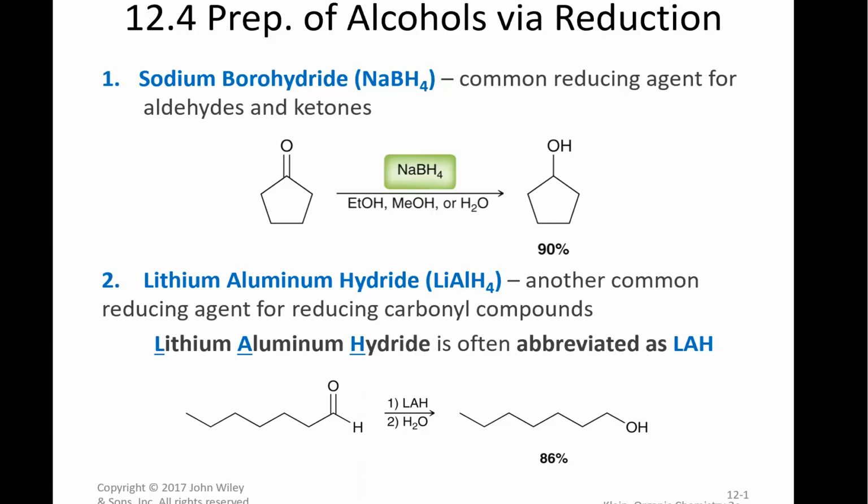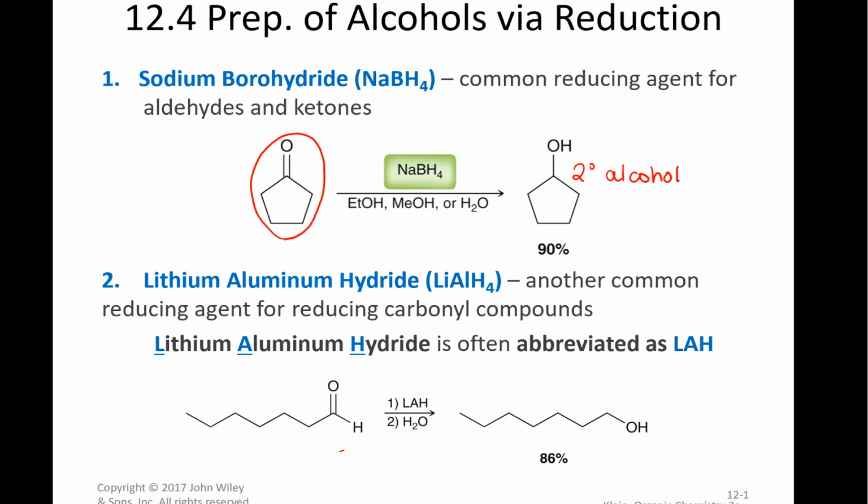Alcohols can be prepared via reduction of carbonyl-containing functional groups, such as ketones or aldehydes. In this example, we see cyclopentanone being reduced to a secondary alcohol, and the reducing agent is sodium borohydride.